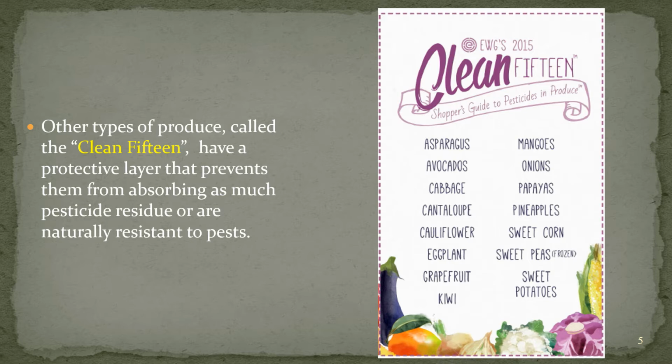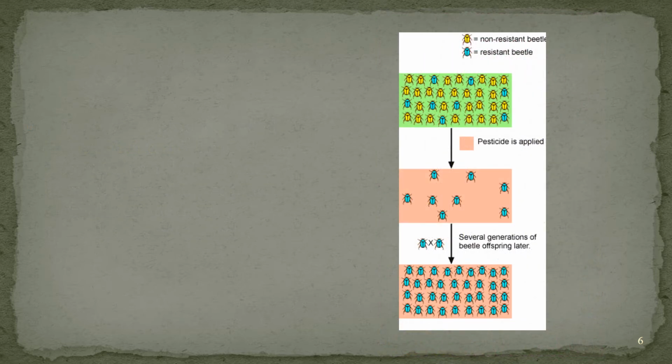Hopefully you don't have the gene that makes you pee smelly things. Avocados, cabbage, cantaloupe, cauliflower, eggplant, grapefruit, kiwi, mangoes, onions, papayas, pineapples, sweet corn, sweet peas, especially frozen ones, and sweet potatoes. You say potato? I say potato.